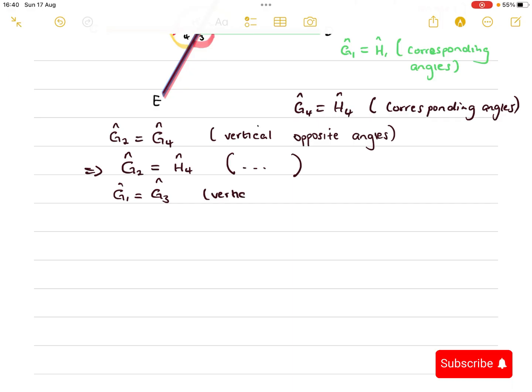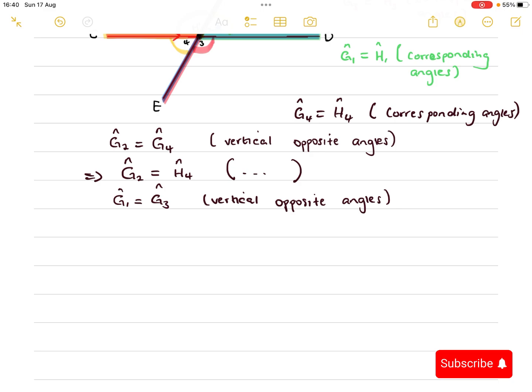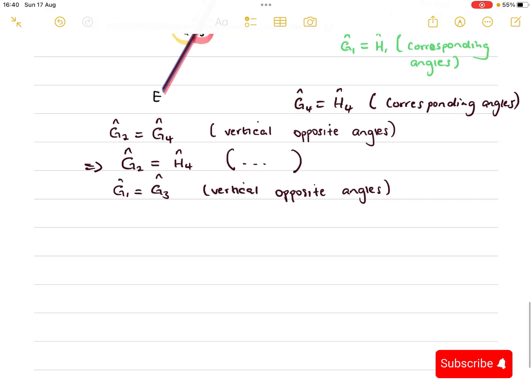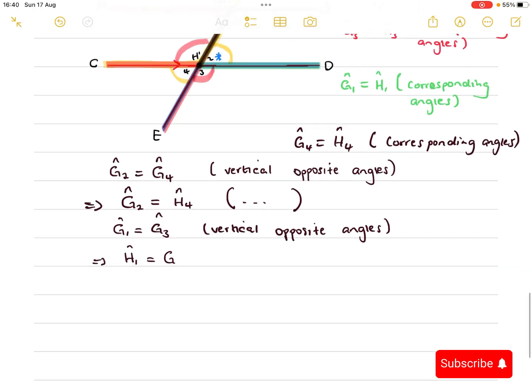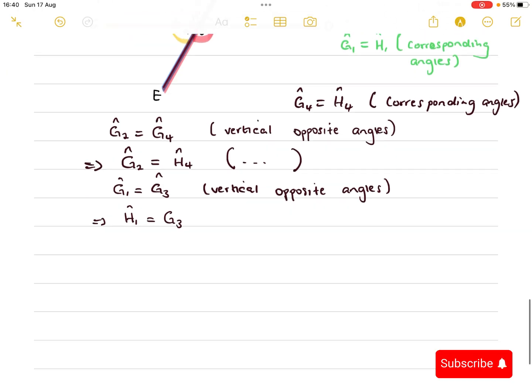It's a vertical opposite angles. But I know that G1 is equal to H1. This then implies that H1 is also equal to what? Is equal to G3.